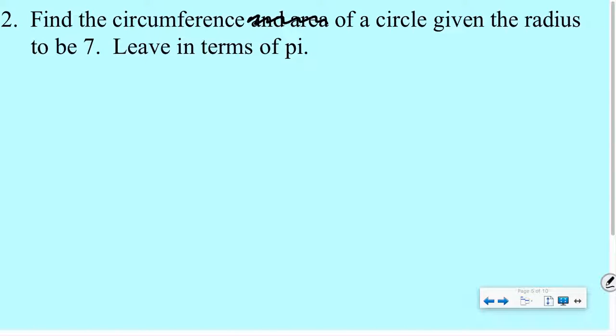That's kind of like when I say leave in simplest radical form. When I say leave in radical form, you keep square roots in your answer. If I say leave in terms of pi, you're actually going to keep pi in the answer. So circumference, we have 2 ways. Use 2 pi times the radius or pi times the diameter. It's your choice.